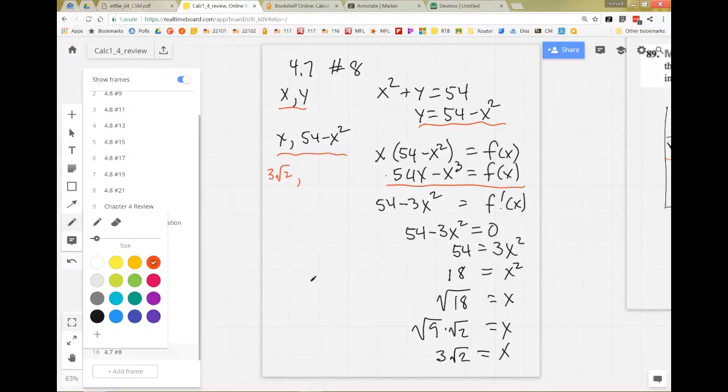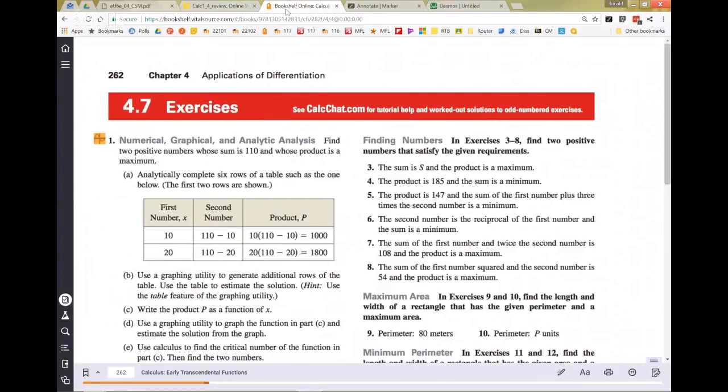So this would be 18. 54 minus 18 is 36. So what are the two numbers? There they are. 3 times the square root of 2 and 36. And that answers, find two positive numbers. We have now done that.